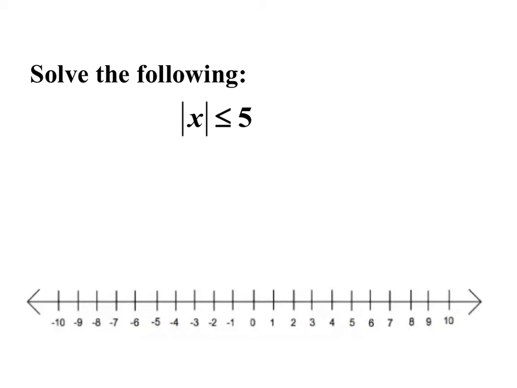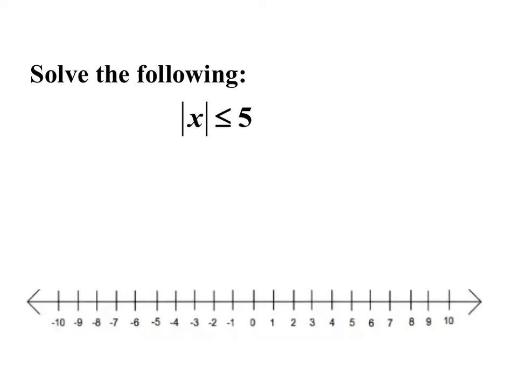Now, what about this absolute value inequality? So now we're talking about all the numbers whose absolute value is less than or equal to 5. So what that means is we're talking about numbers whose distance from 0 is fewer than 5 units away. So this time we're going to be looking at the middle of the number line.